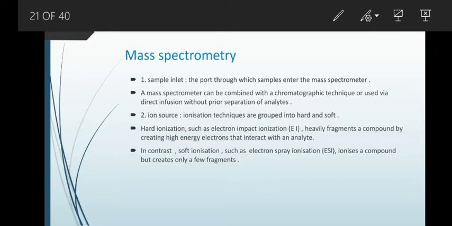Another is the ion source, through which hard and soft ionization, by creating high energy and low energy electrons, produce heavily fragmented and lightly fragmented compounds that interact with analytes. And last, the mass analyzer, where generated ions are separated by their mass to charge ratio.